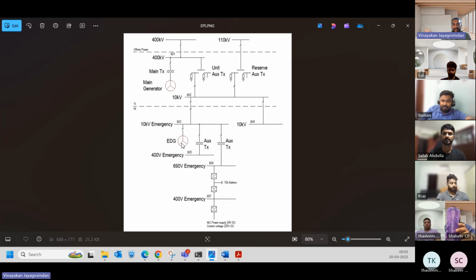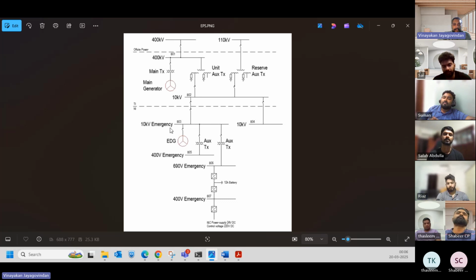So in each division we have our own diesel generator, and these generators are usually designed to start automatically after detecting a loss of power, and can supply the necessary electricity to keep the critical systems operational.